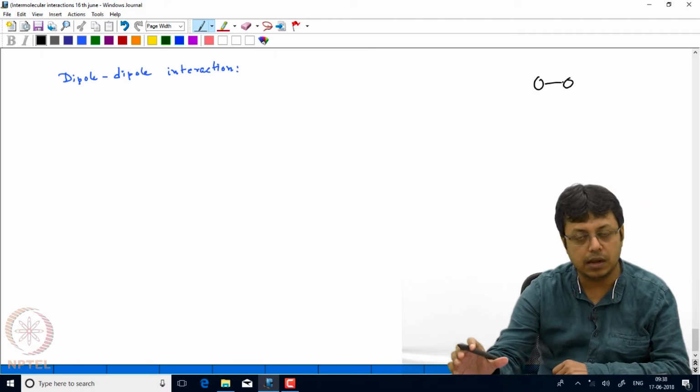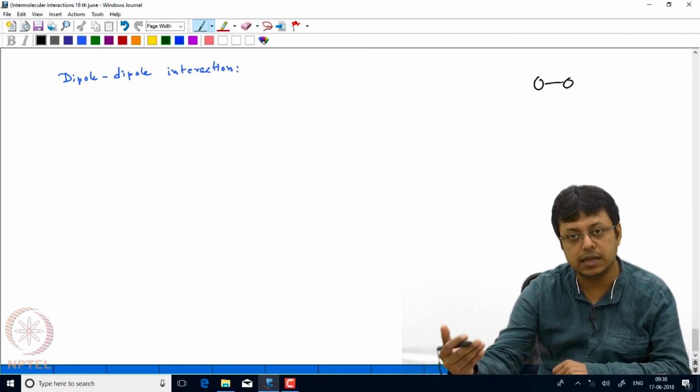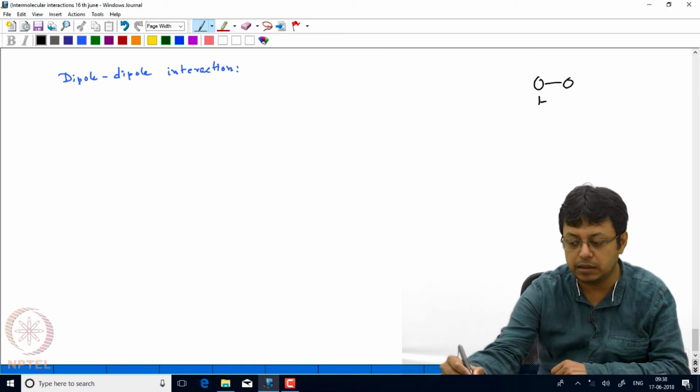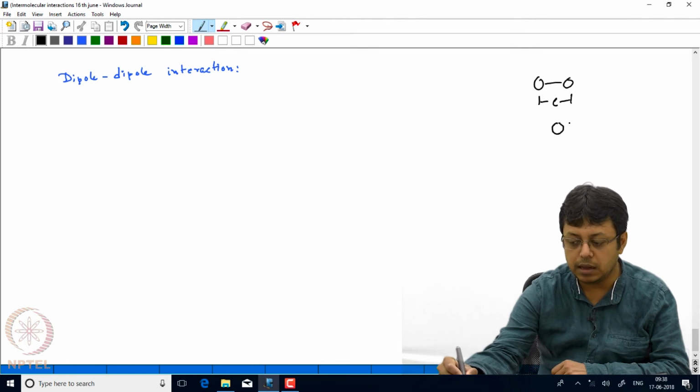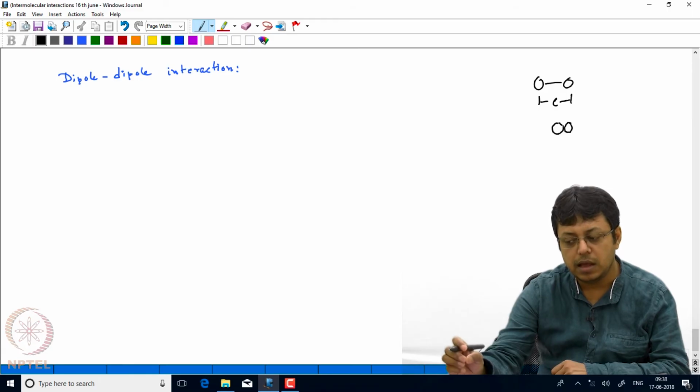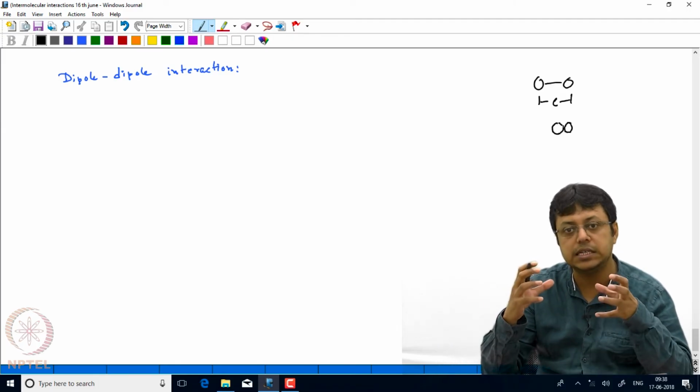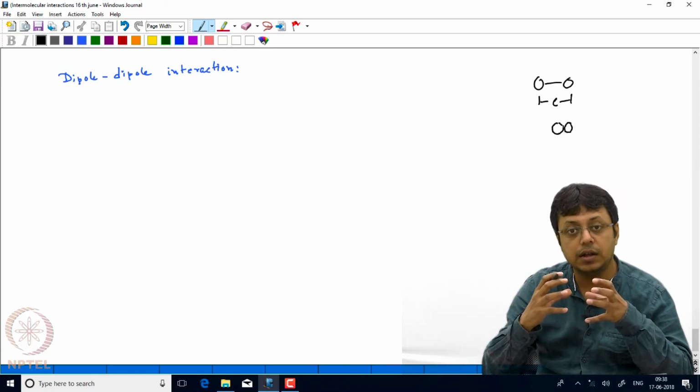But if you are doing an experiment where the dimensions of the experiment are fairly large compared to the length of the dipole, which is L, then the dipole will kind of appear like these two charges, where the distance between the two charges will appear very small, and for an observer who is far away, or for an observer who is doing a macroscopic experiment, this dipole will appear as if the two charges are coalescing or already coalesced.